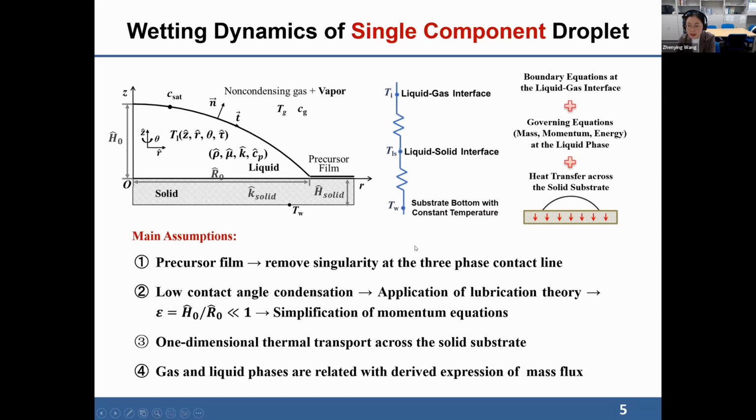This model is based on the lubrication theory, in which we assume that the droplet is very thin. With this assumption, we can simplify the momentum equation so as to better solve the problem.